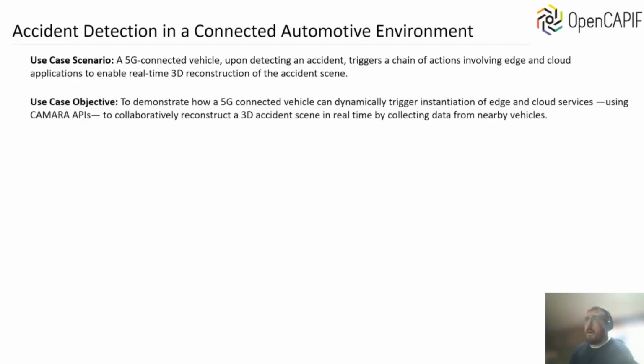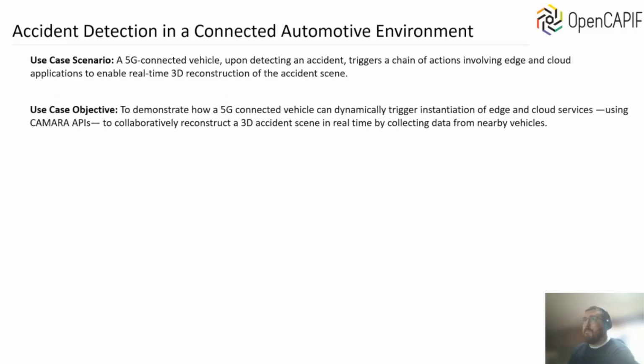The objective is to demonstrate how 5G connected vehicles are able to trigger actions to consume low-level APIs and make use of these APIs.